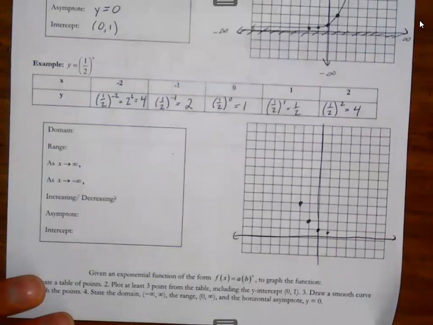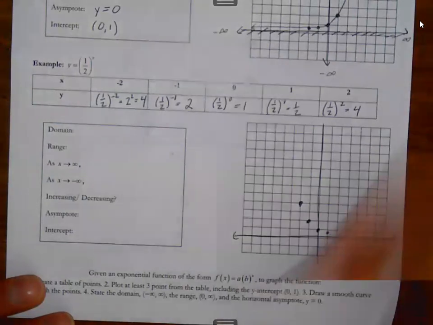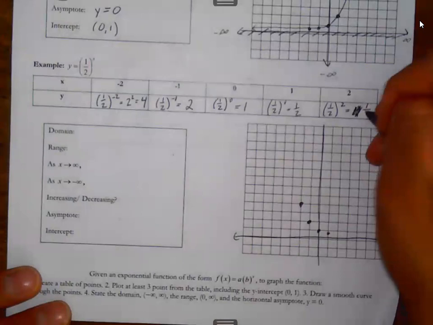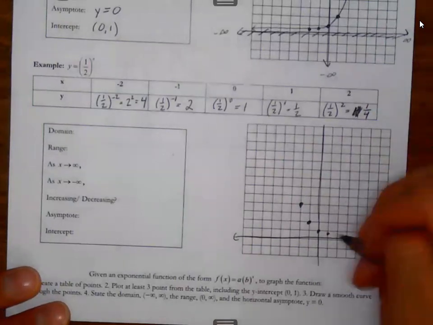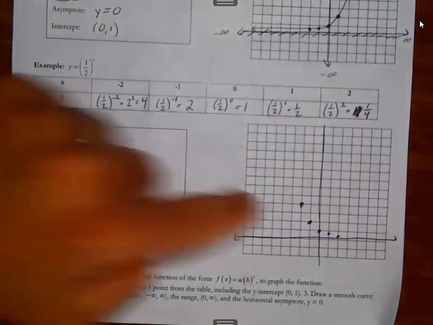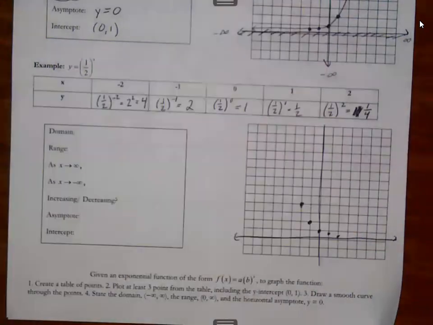What? The 2 should be 1/4. Yeah, definitely. I got excited. There you go. Didn't affect my graph. Saved me just in the nick of time. Although I smelled something fishy when this decreasing function started to increase. Something's not right.